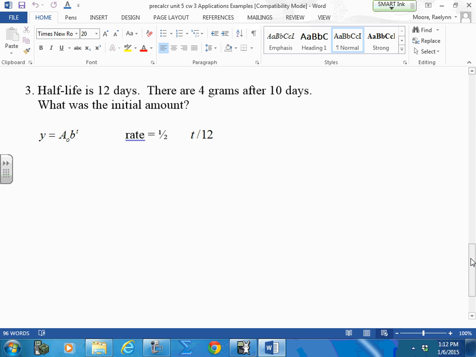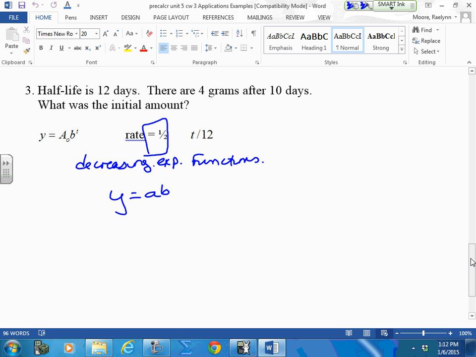Now, we're going to do our rate this time as a half because it's a half-life. I'm making a decreasing exponential function. Stay with me, guys. Come on, one more problem. So I start with my y equals a b to the x.